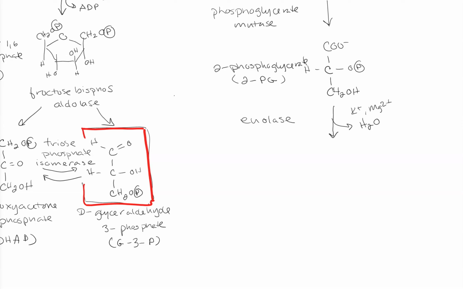And what happens here is we're losing water by taking away the hydrogen on the 2nd carbon and the hydroxyl group on the 3rd carbon, and we're going to end up with the following compound.